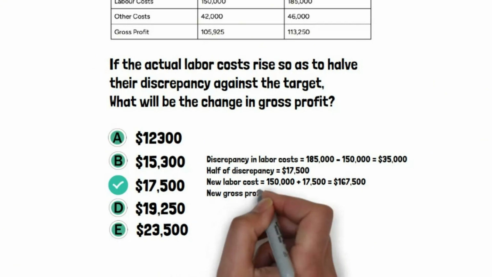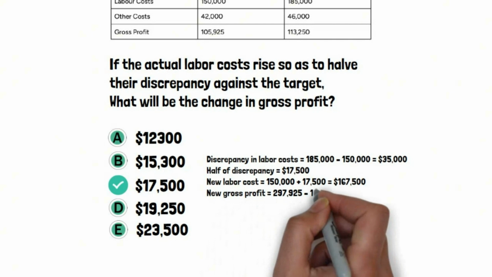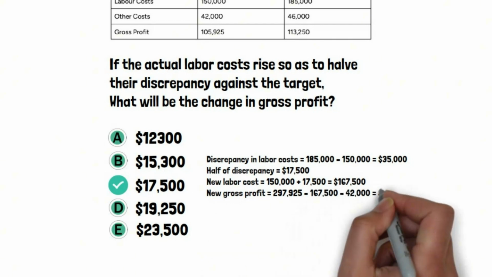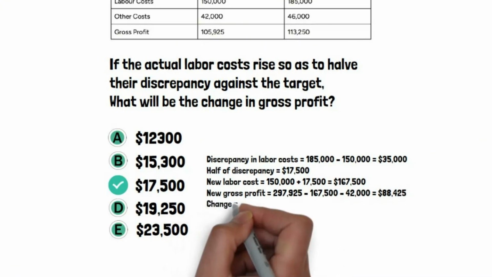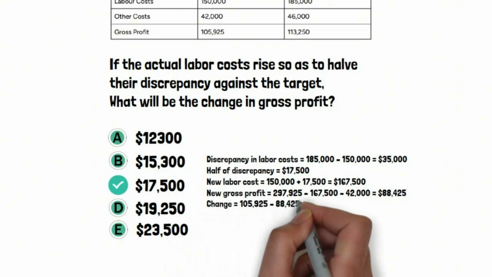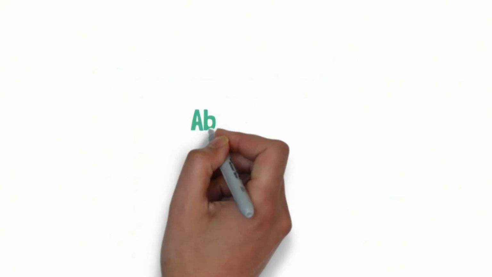New gross profit equals $297,925 minus $167,500 minus $42,000 equals $88,425. Change equals $105,925 minus $88,425 equals $17,500.